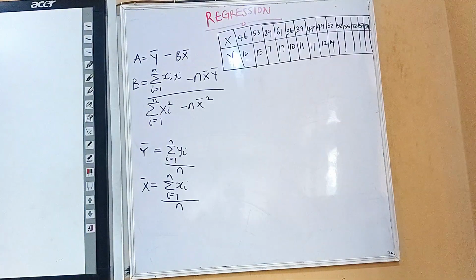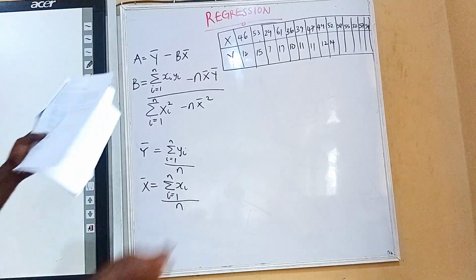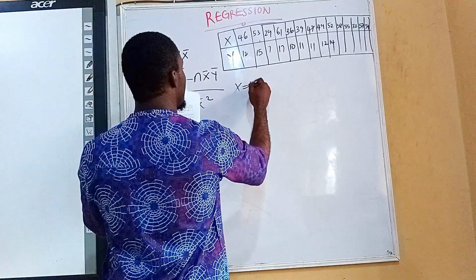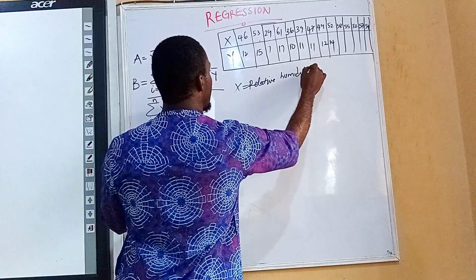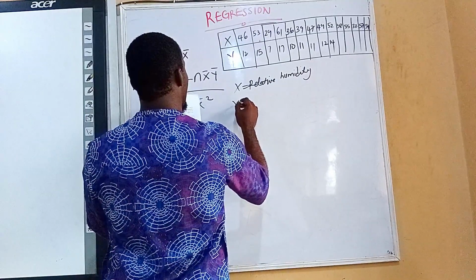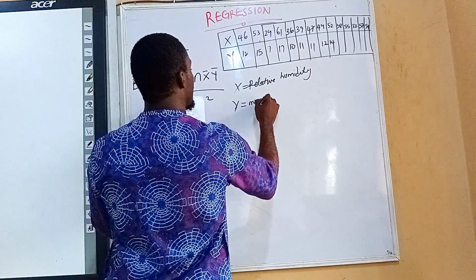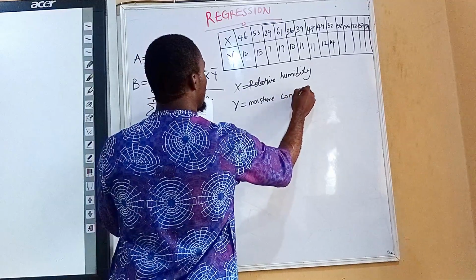A raw material used in the production of a certain synthetic fiber is stored in a location without humidity control. Measurement of the relative humidity in the storage location and the moisture content of a sample of the raw material were taken over 15 days with the following data. So the S here is the relative humidity, Y is the moisture content.